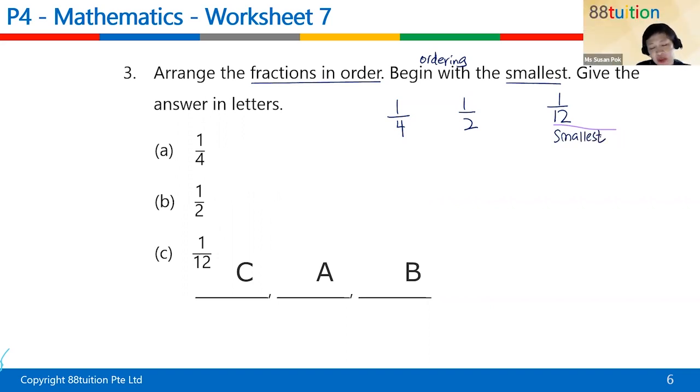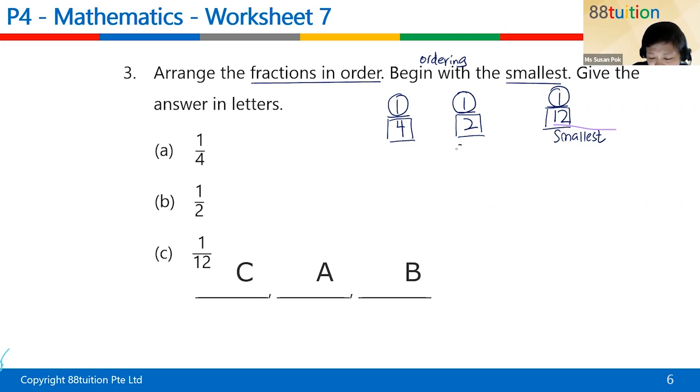The reason is, just now remember the party? We say that this is one cake shared by 4 persons. This is one cake shared by 2 persons. And this is the one cake that is shared by 12 persons. So if it were you, which party do you want to go to? A party with 4 persons, 2 persons, or 12 persons? For me, I will want to go for a party with a smaller number, 2, right?